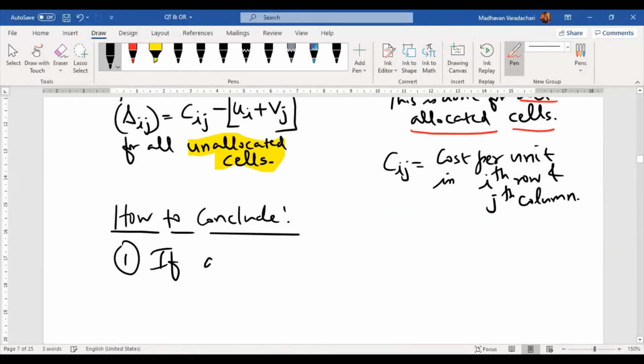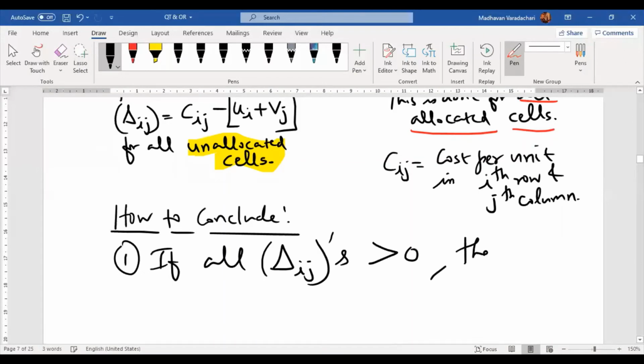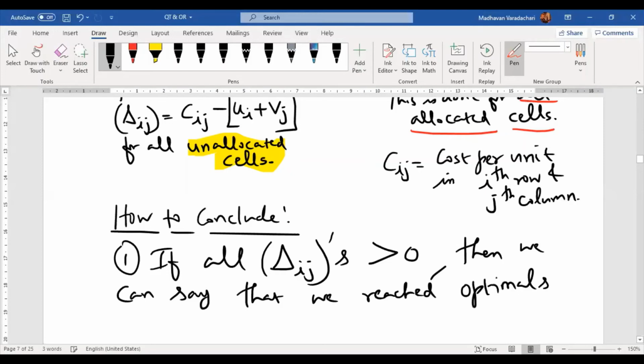If all delta ij's are greater than 0, then we can say that we reached the optimal solution, which is unique.